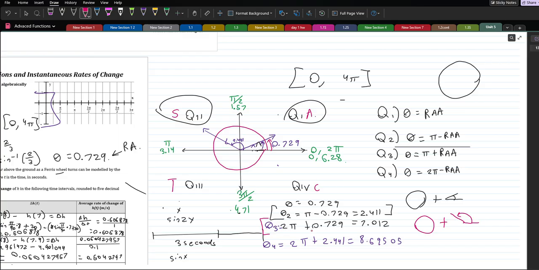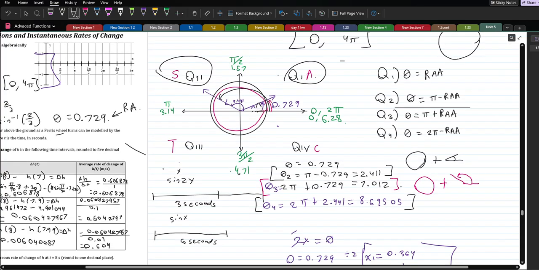Theta 3 is 2 pi plus 0.729, which is equal to 7.012. We can also do this for the angle in S, where you would go all the way around, which is 2 pi, and then add this angle, which is 2.441. 2 pi plus 2.441, and you'd get 8.695 as your new angle.